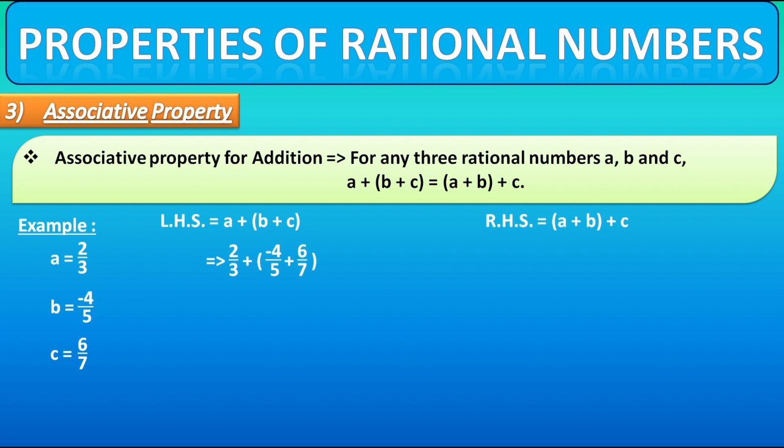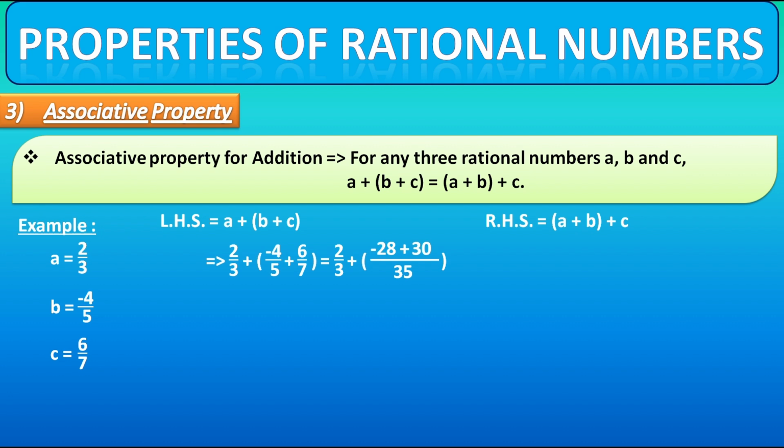So I'll keep 2 upon 3 as it is and in the bracket we have minus 4 upon 5 plus 6 upon 7. As 5 and 7 are co-prime numbers, the denominator will be 5 7s are 35. Okay, and minus 4 into 7 we have to write, that is 28, and 6 5s are 30. Okay, now minus 28 plus 30 is how much?